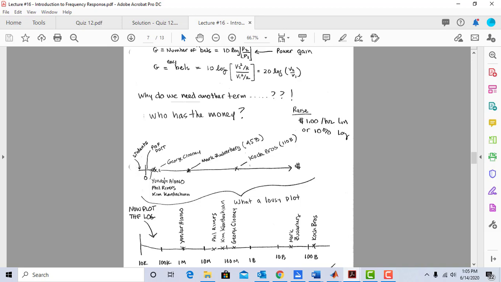He's an actor. Yonder Alonso used to play for the Padres, but he was just beginning in his career, so he didn't make that much. Made about $1 million. Phil Rivers, the former quarterback for the Chargers, the one who's turning me into an Indianapolis fan, his net worth was around 12 million.